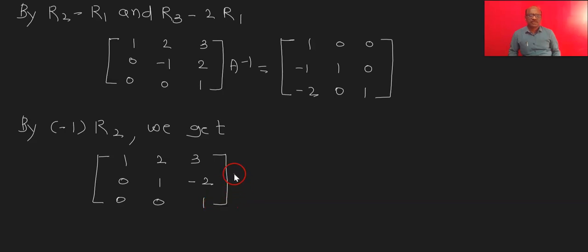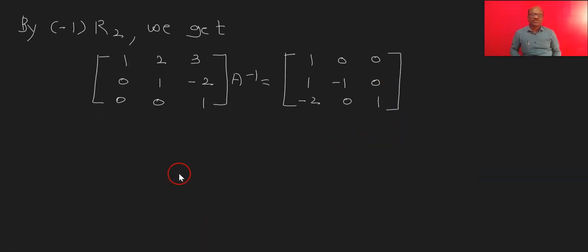Okay, here is A inverse, and on this side 1, 0, 0, 1, minus 1, 0. Next is minus 2, 0, 1.